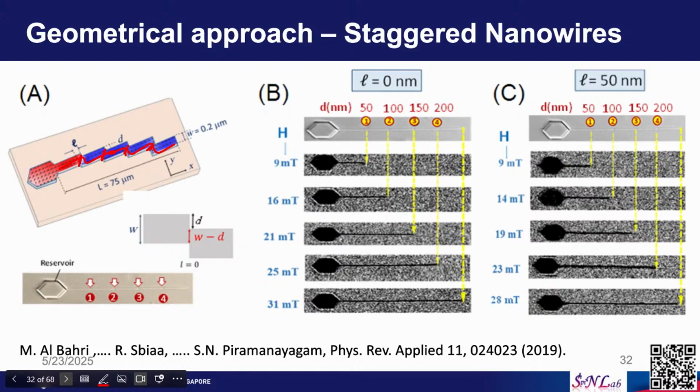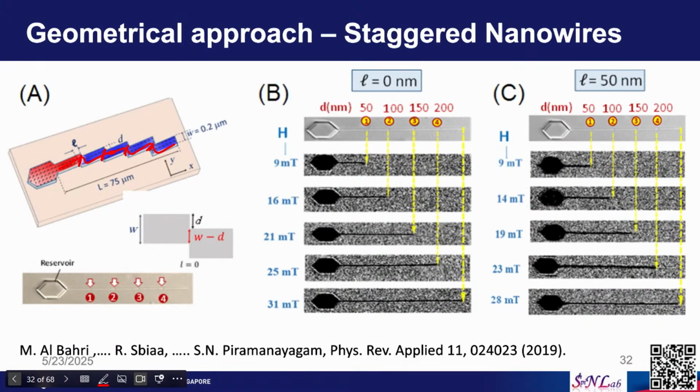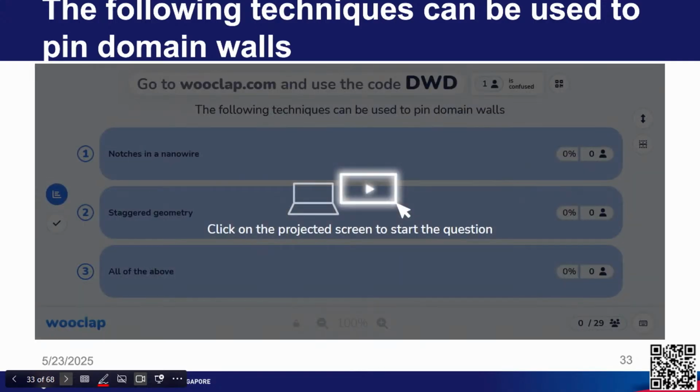In this image, these are the regions where we have this step like structure. You can see that the domain walls get pinned. Okay. So there are various methods like that. Let us do some questions.